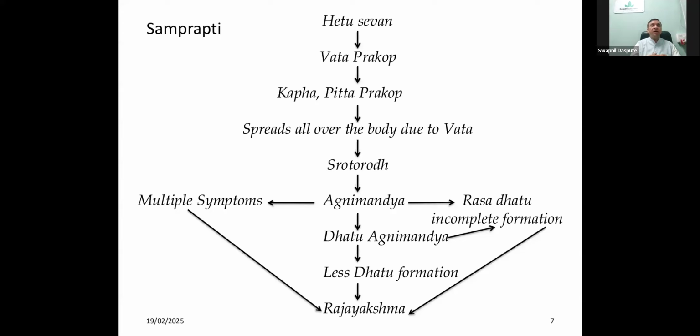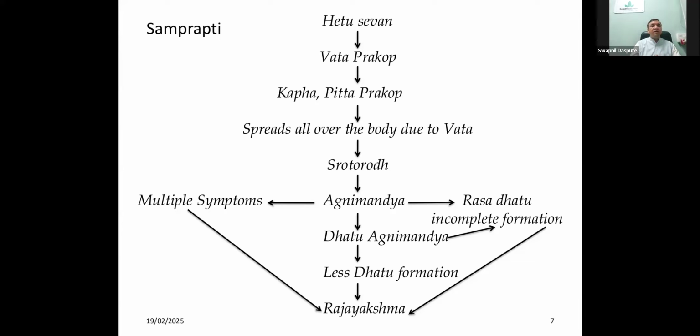So aggravated pitta and aggravated kapha move or spread in the body because of vata, aggravated vata. And here the vata is actually more aggravated, so it will have more movement, more capacity to move than the natural vata.